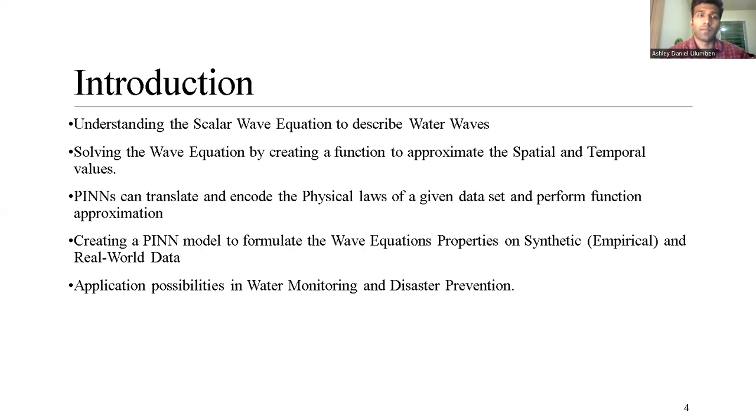So we use that equation and translate it into the spatial and temporal tensors that we feed into the physics-informed neural network, because the physics-informed neural network is modeled in such a way that it can understand the underlying physical properties of the wave.